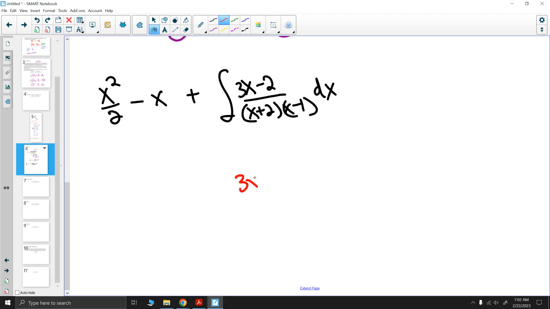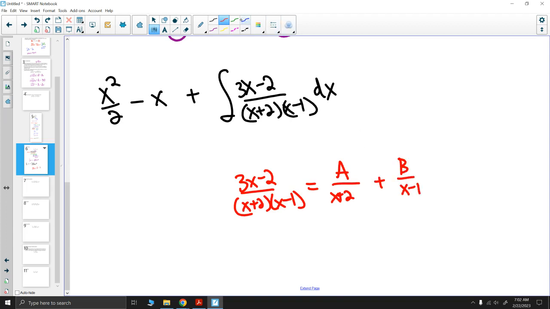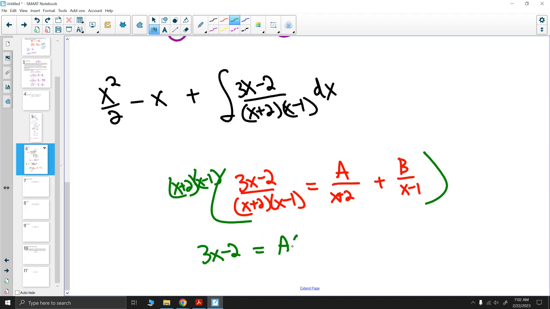So we have 3x minus 2 over x plus 2, x minus 1 equal to a over x plus 2 plus b over x minus 1. And we're going to do the same thing, solve for a and b. First, multiply off the bottom, x plus 2, x minus 1. That gives us 3x minus 2 is equal to a times x minus 1 plus b times x plus 2.